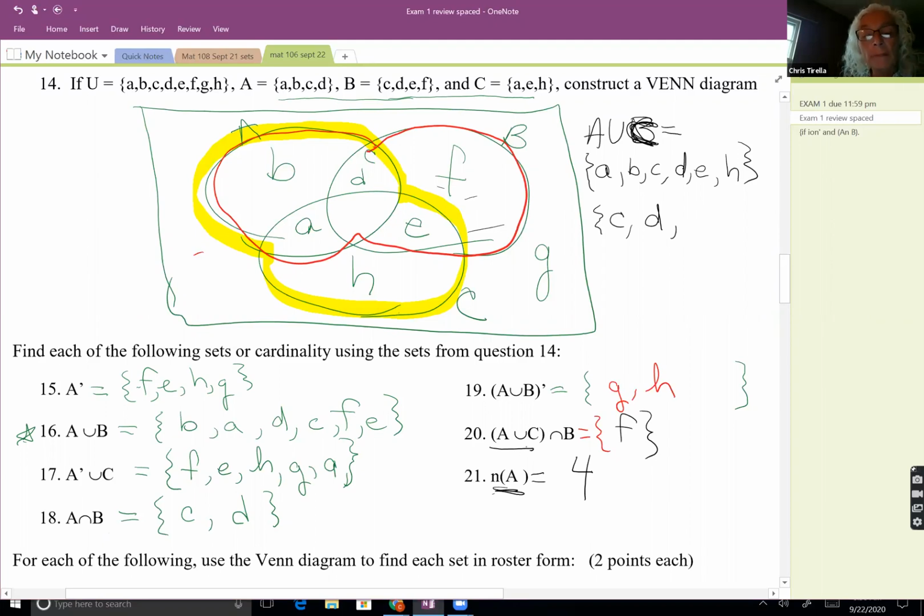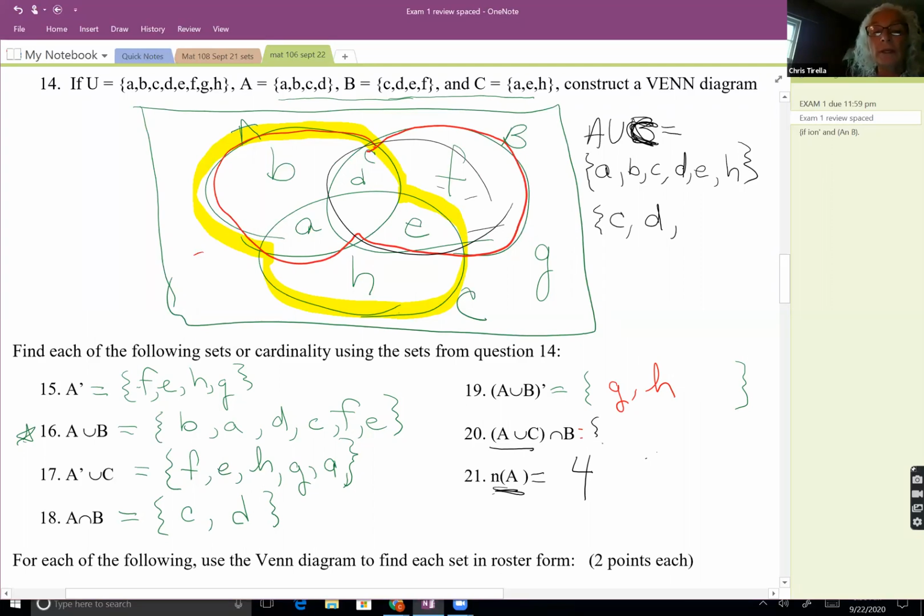I took the complement and I shouldn't have, because I got C, D, E, and H. Yeah, you're right. I took the complement. I think I saw the complement symbol from above. We're looking for what the union has in common with B, not the complement of the union.